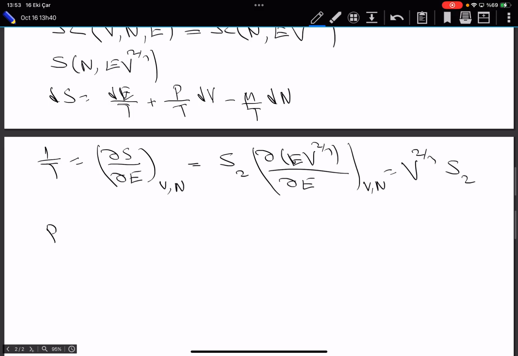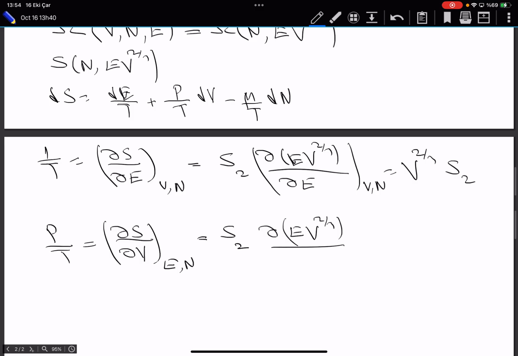P over T, on the other hand, is the derivative of the entropy with respect to V, keeping E and N constant. V appears only in the second argument, so again, it's the derivative of entropy with respect to the second argument times the derivative of E times V to the 2/3 with respect to V, keeping E constant.